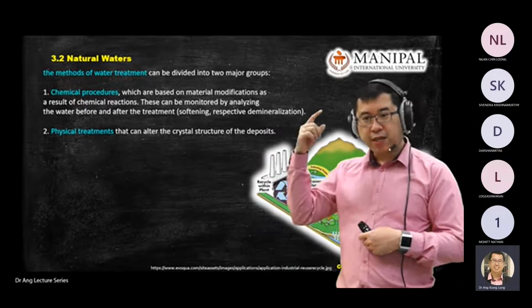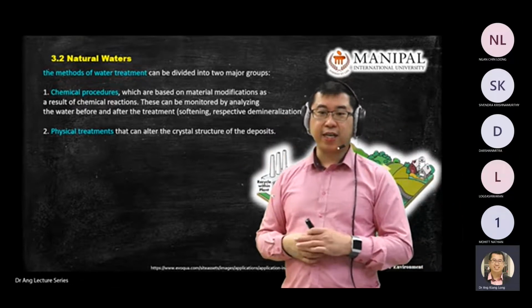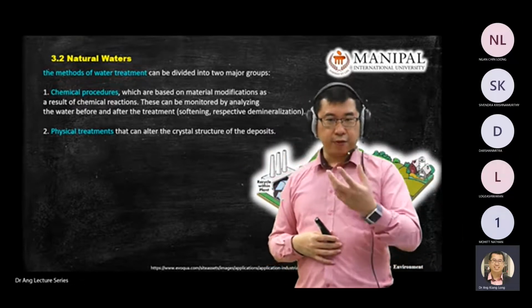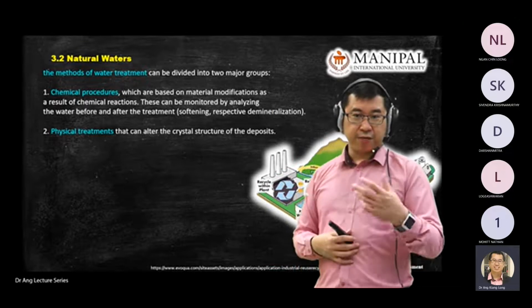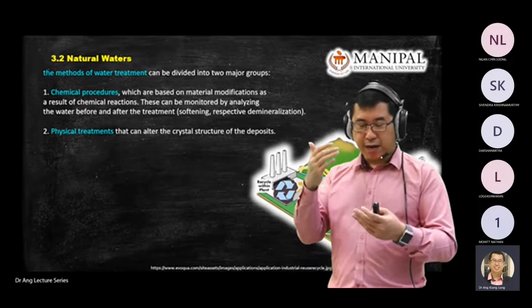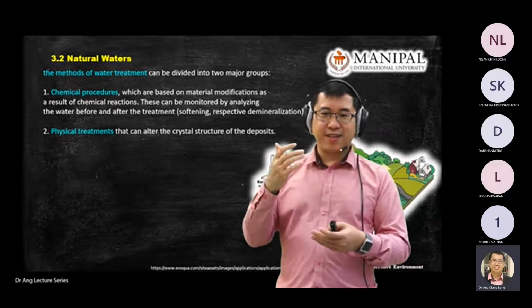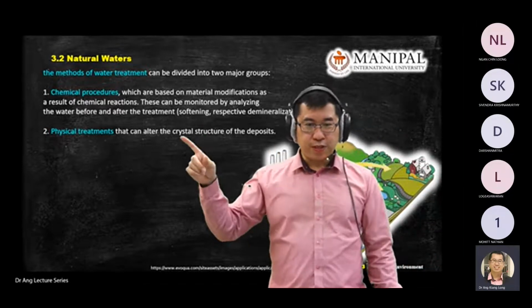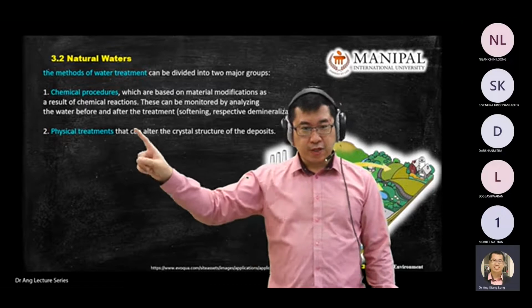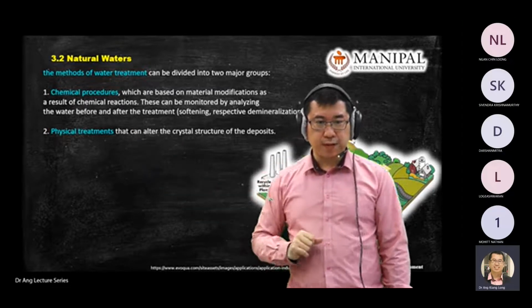The earlier technology used carbon, or if you study survival kits, they put in carbon, they put in stone and all this, so to filter the water. So that one falls under physical treatment.